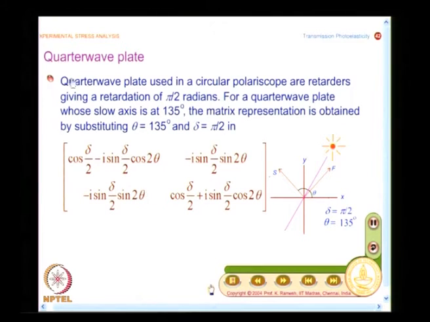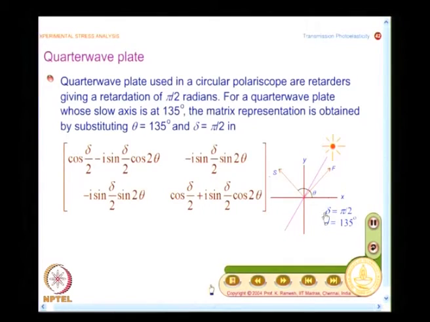Now, we want to find out for a quarter wave plate which is oriented at 135 degrees, the angle is also given. Why do we have it as 135 degrees? We want to have circularly polarized light. Because we want circularly polarized light, we keep it at 135 and 45 in conventional photoelasticity. In conventional photoelasticity, these are the two orientations of the quarter wave plate popularly used.